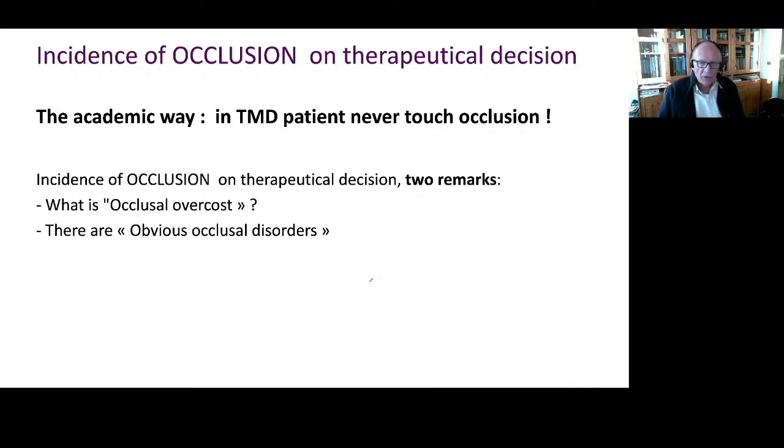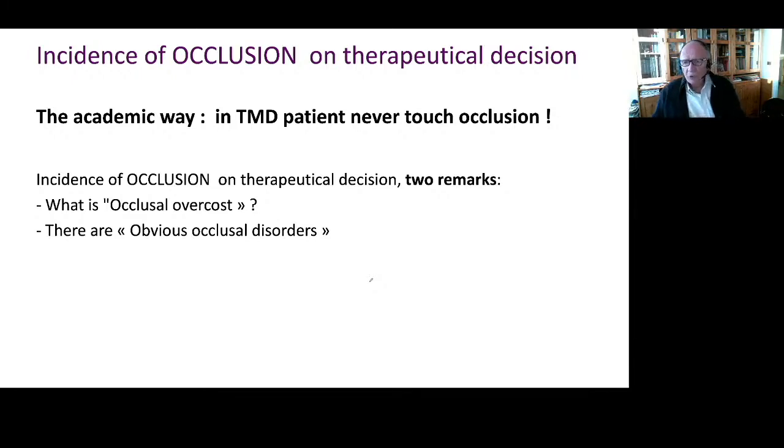So don't touch the teeth. It is globally true because generally we can decrease the pain of muscles or joint pain and increase the function only by non-invasive treatment. Generally.